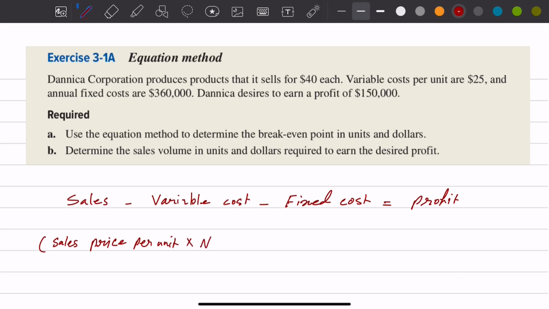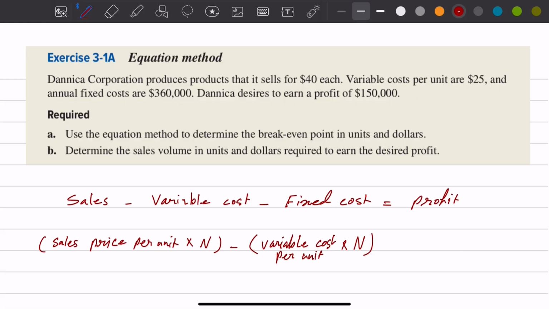And we agreed that we're gonna use the letter N to indicate the number of units. So that's going to be the first term. The second term, which is the total variable cost, we can break that down into variable costs per unit, again multiplied by the number of units. Okay?